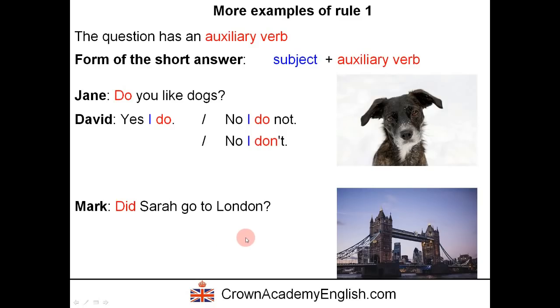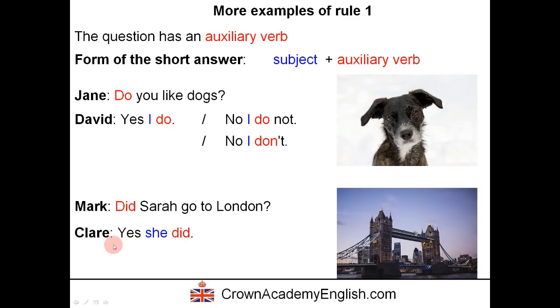Did Sarah go to London? So again, we have the auxiliary verb do. But this time it is the past simple. So it's the past tense. So we use did, because did is the past form of do. And Claire replies, yes, she did.